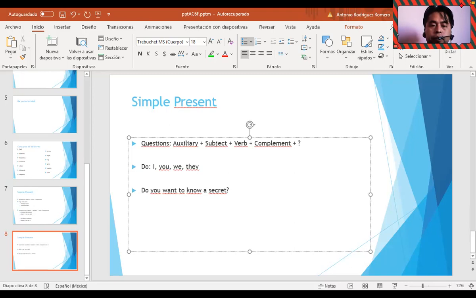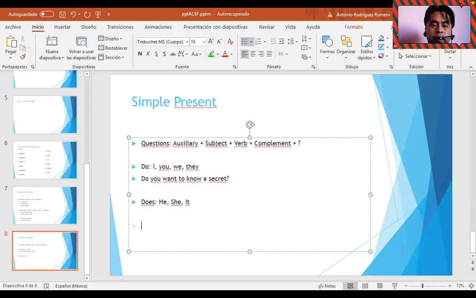Okay, so now checking that structure, I have already done an example using do. Now let's go for the other example, the other auxiliary, which is does. Does, as I told you in the negative, is for he, for she, and for it.